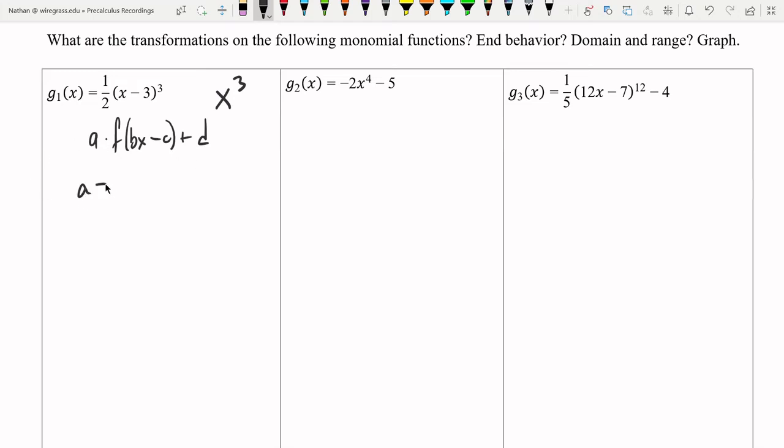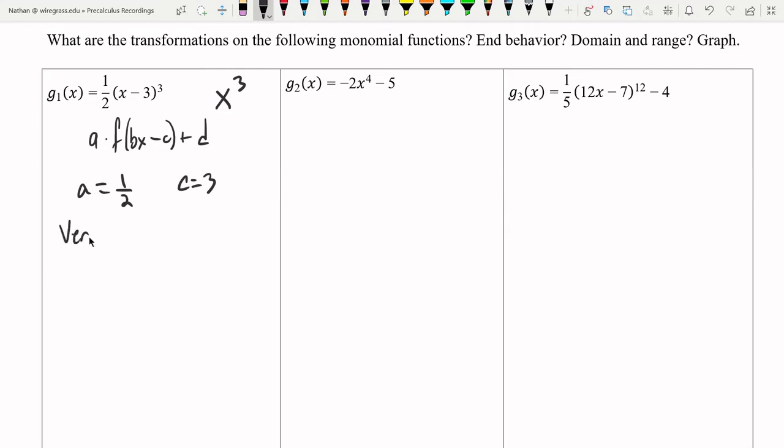So a is 1/2. That means it's going to be vertically compressed by a factor of 2. It's half as tall. And c equals 3 here, right? x minus c. C is 3. That means it's going to be shifted right 3 units.